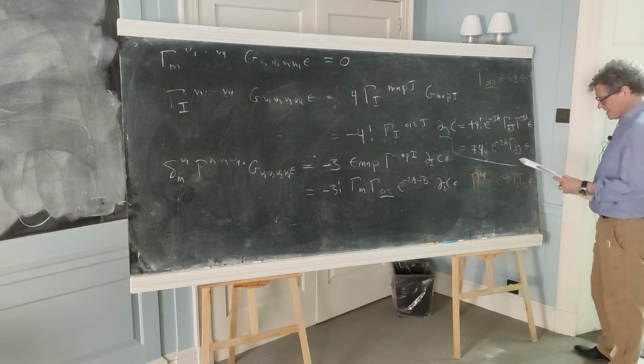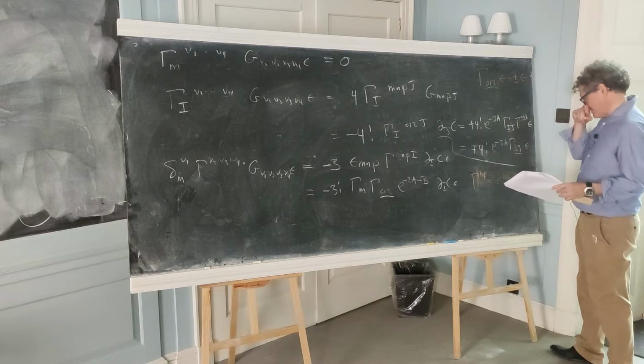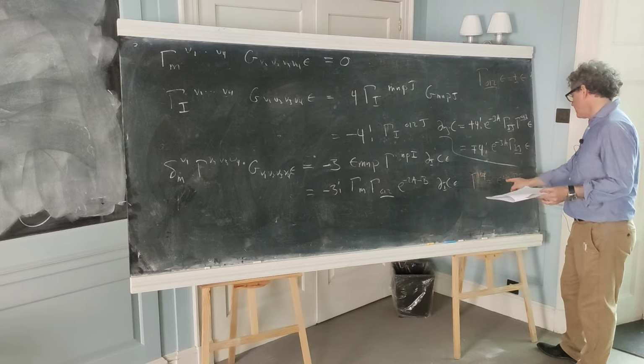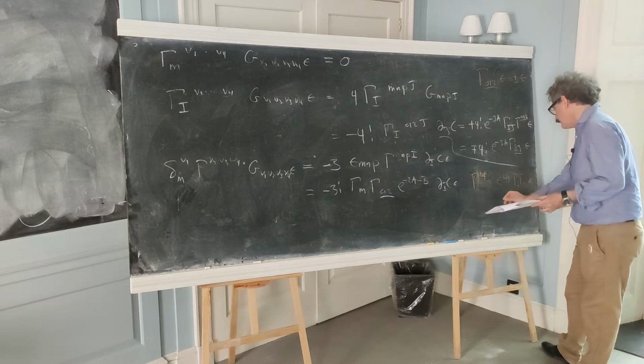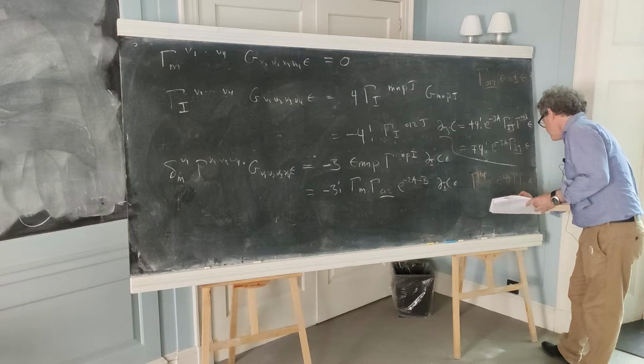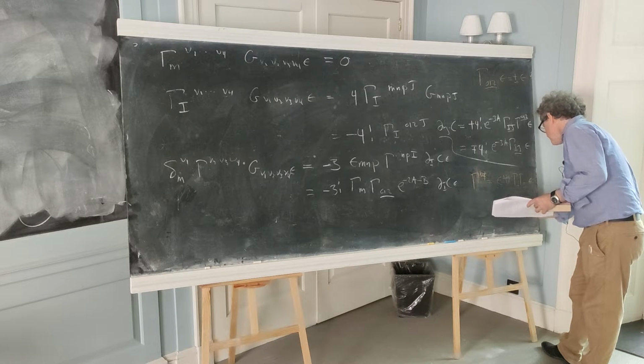And let me just check the sign. How do I check the sign? I say, well, if this is 1, 2, then this is 1, 2, 0. So it becomes epsilon 1, 2, 0. Then that would be 0, gamma 0, 1, 2. So that's minus gamma 0, 1, 2.